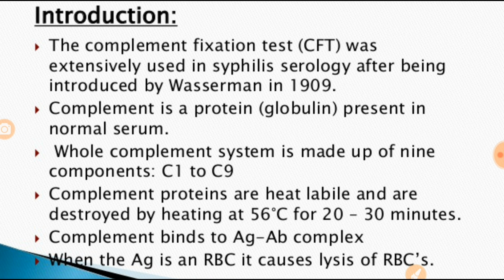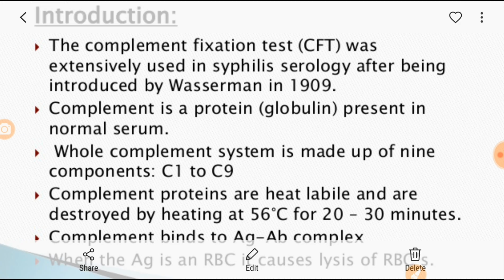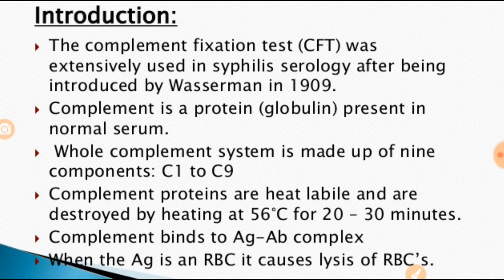Complement proteins are heat labile and destroyed by heating at 56 degrees C for 20 to 30 minutes. Complement binds to the antigen-antibody complex, and when the antigen is an RBC, it causes lysis of the RBC.